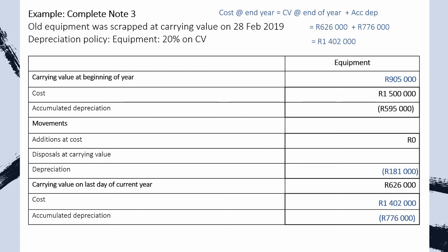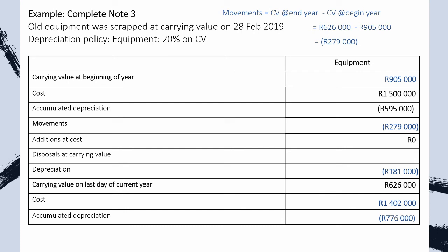1,402,000. Now we can calculate what our movements were by using carrying value on the last day of the current year minus our carrying value at the beginning of the year. Keeping in mind that movements can be negative, the answer can be negative because we didn't have any additions at cost.